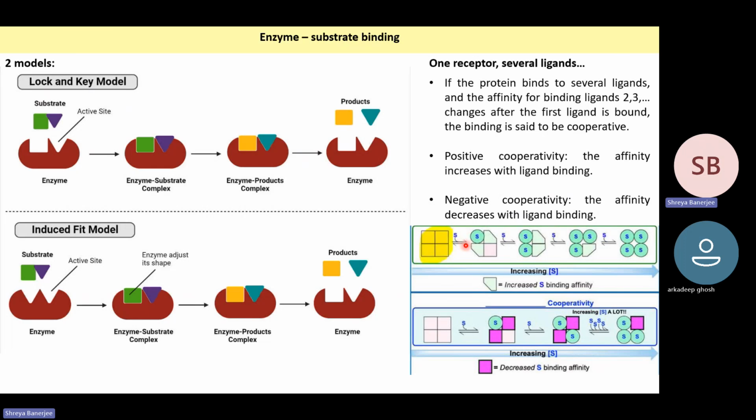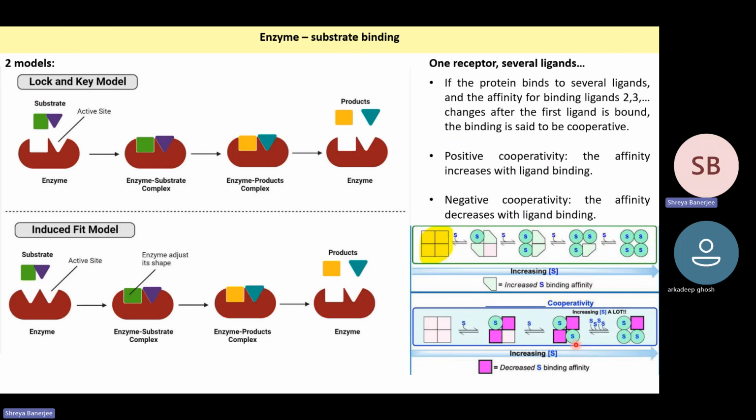S is the ligand which is binding to the protein. When one S has bound to the protein, then the binding affinity of the other sites increases. When 2 S have bound to the protein, the binding affinity increases further. So with the binding of the ligand S, the binding affinity of the protein for the ligand increases. This is called positive cooperativity.